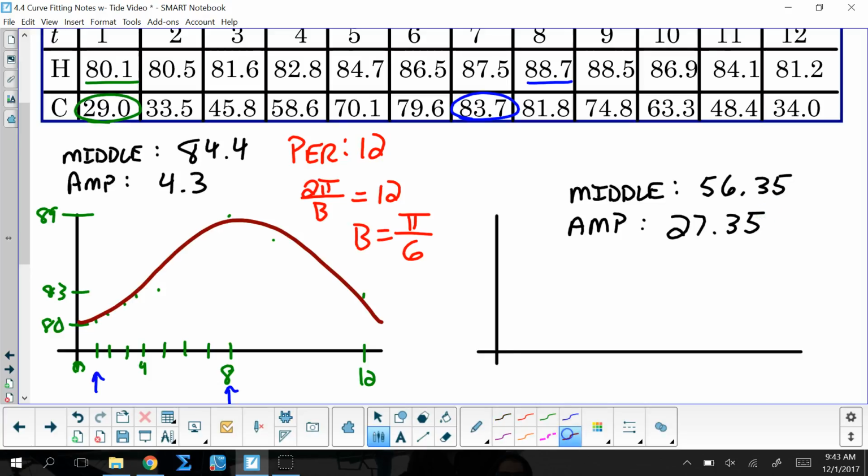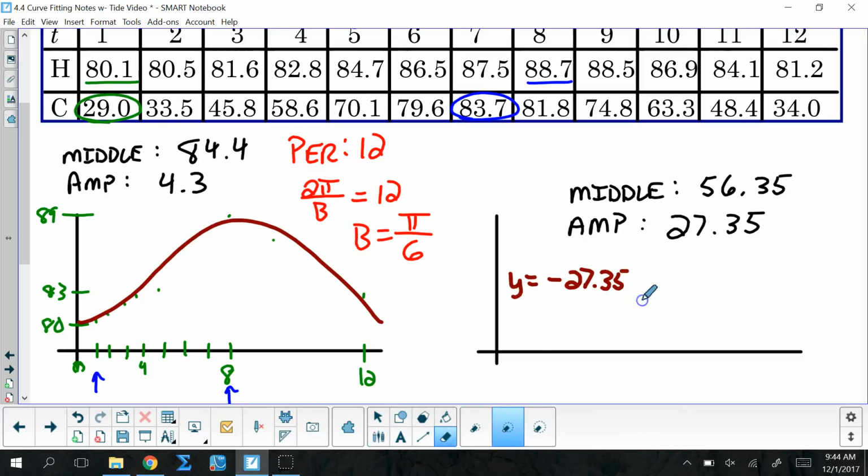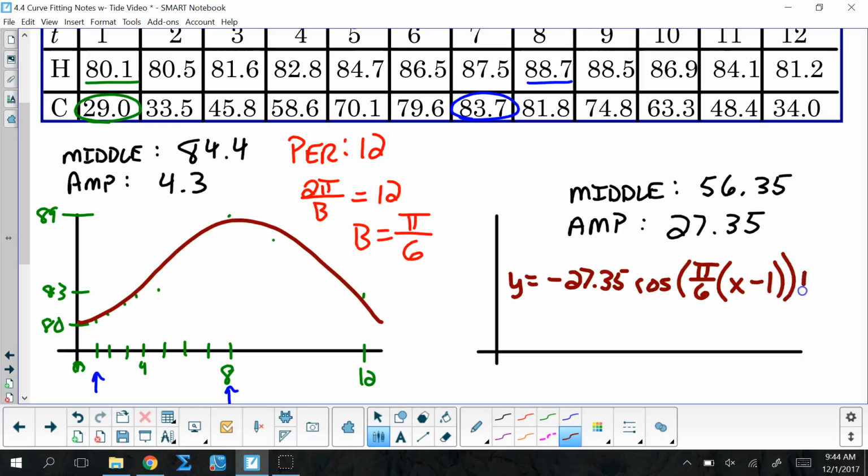Okay, so my cosine curve then is going to be, again, because the low would be at 1, so that would be y equals negative 27.35 times the cosine of pi over 6, because our period again was 12, so it follows that one, x minus 1, plus 56.35.